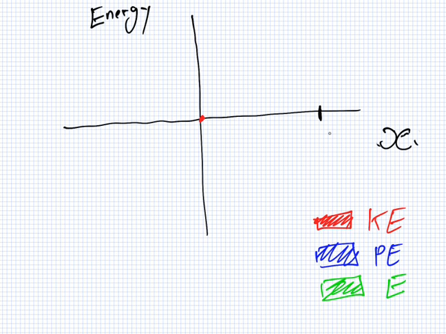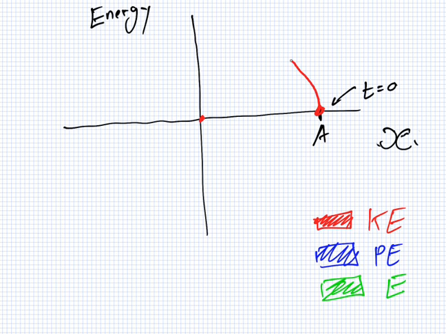So at the beginning, when the t is 0, x is A, and the kinetic energy we said is 0. Now what's happening to the x in the next 1 second, the next 2 seconds? Is the x getting bigger or smaller? It's getting smaller. And what's happening to the kinetic energy? Is it getting bigger or smaller?